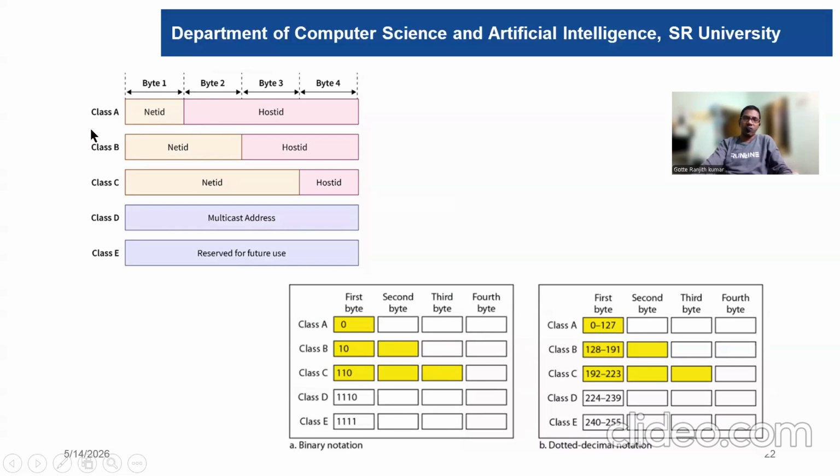So let us take class A. In class A, the first byte represents the network address and the last 3 bytes represent the host address. Host address means the system's address.